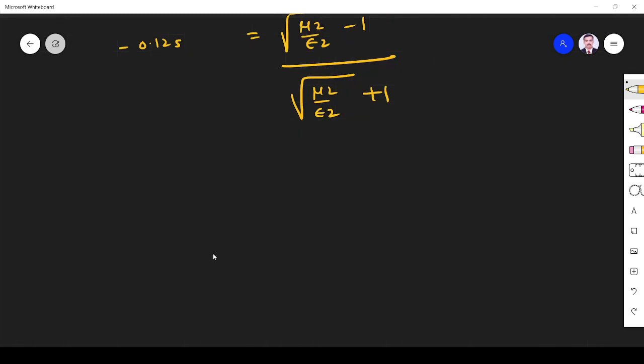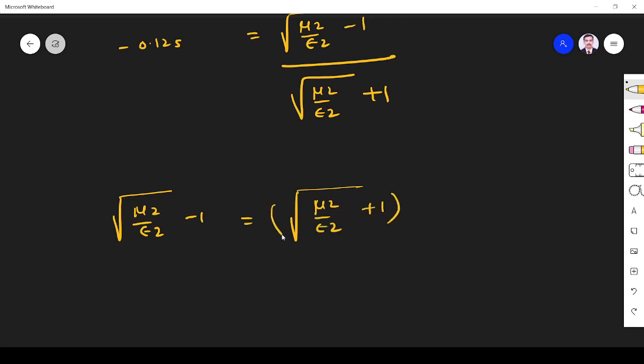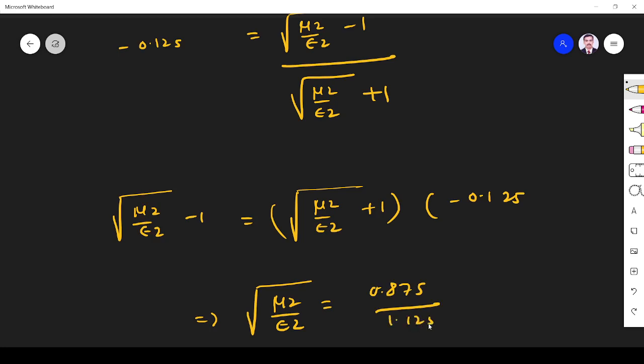Then the left hand side is minus 0.125. So if you bring all the things here, root of mu 2 by epsilon 2 minus 1 equals root of mu 2 by epsilon 2 plus 1 into minus 0.125. What we get after simplification is root of mu 2 by epsilon 2 equal to 0.875 divided by 1.125.